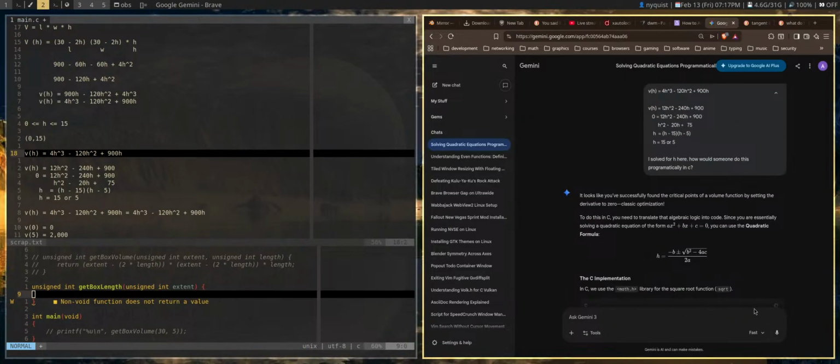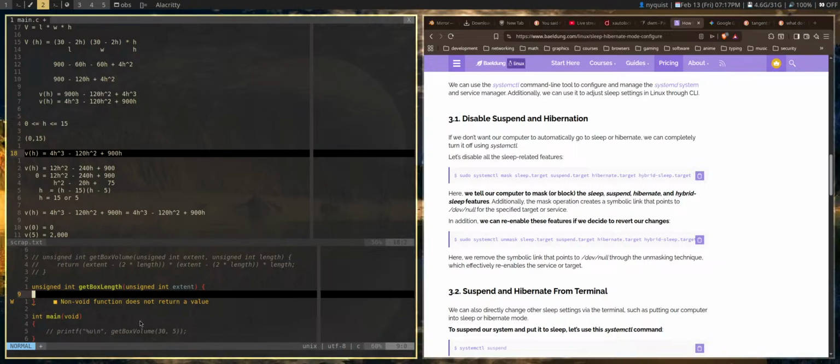All right, I'm not going to look at what it wrote because I'm going to try to use my own brain here. So let's see if I can remember the quadratic formula. Negative b plus minus, so we're just going to do plus, and then we'll have another one for minus. Square root. We're going to have to include math.